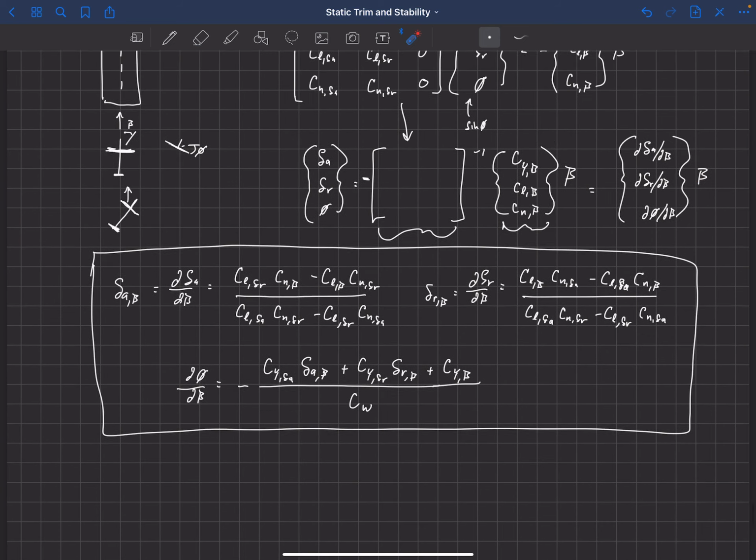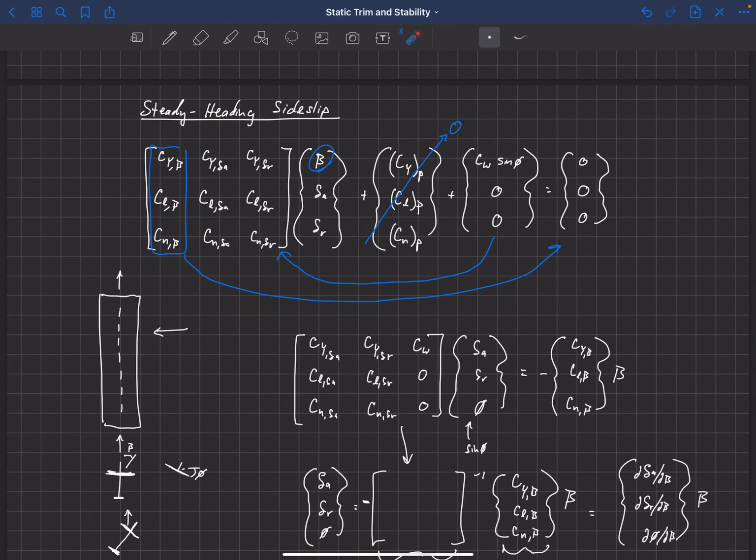Okay, before we wrap it up here, I'd like to go back up here and just point out this assumption that we made where we dropped this term. It turns out that what we've done here can actually be used even if you have some asymmetric component from propulsion, as long as these delta A and delta R values and beta are measured relative to a trim condition with the asymmetric propulsion.